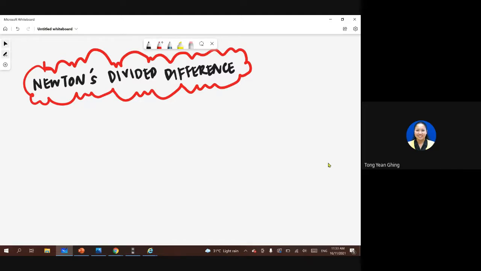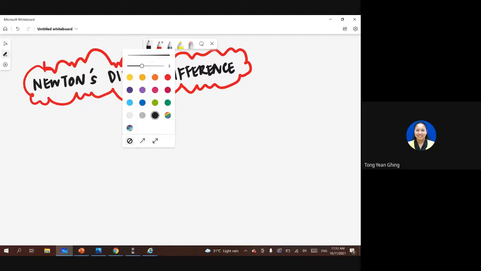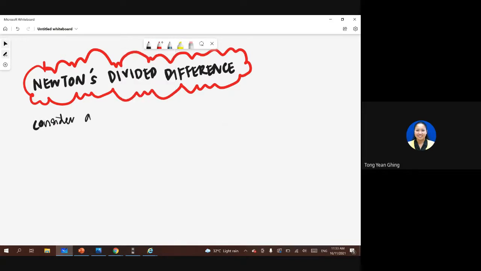Consider that we have a set of data points. Let's say, same as Lagrange interpolation, the number of data points is n plus 1.